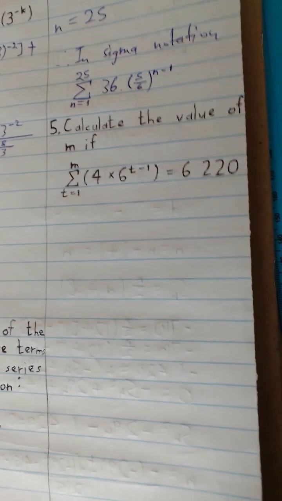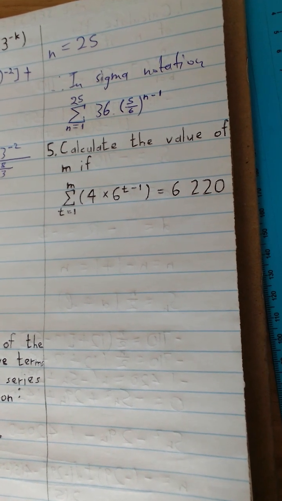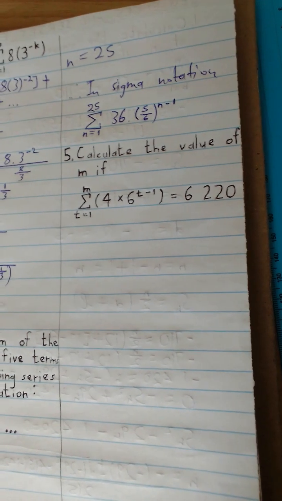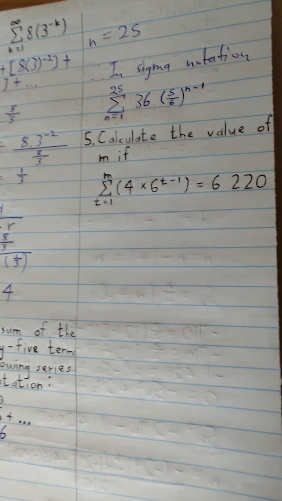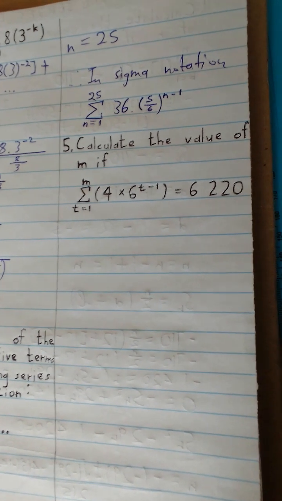Number 5 states, calculate the value of m if the summation of 4 times 6 to the power of t minus 1 from t is equal to 1 to t is equal to m is equal to 6,220.